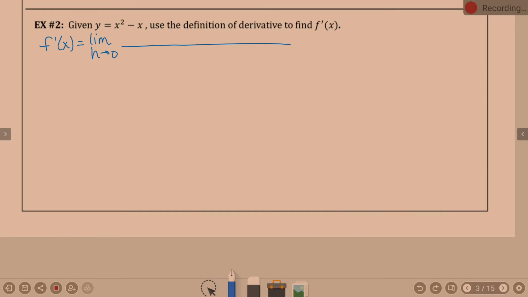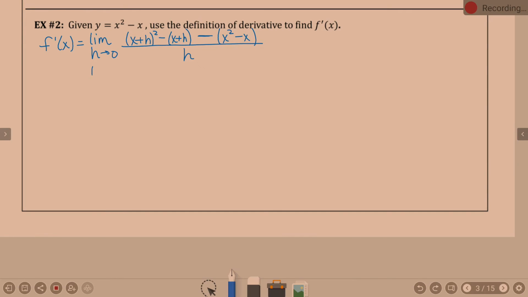Okay, f of x plus h. So it's going to be x plus h squared minus the quantity x plus h. There's f of x plus h, yes? Minus f of x, which is minus the quantity x squared minus x, all over h.